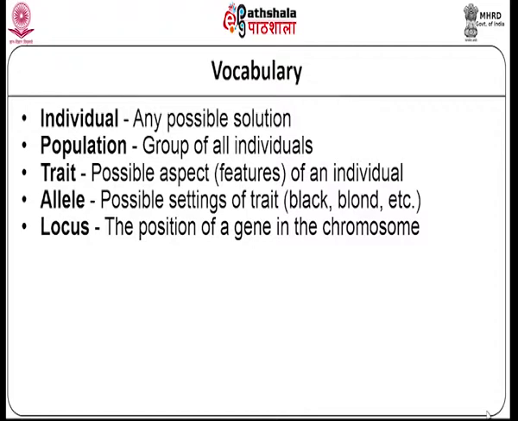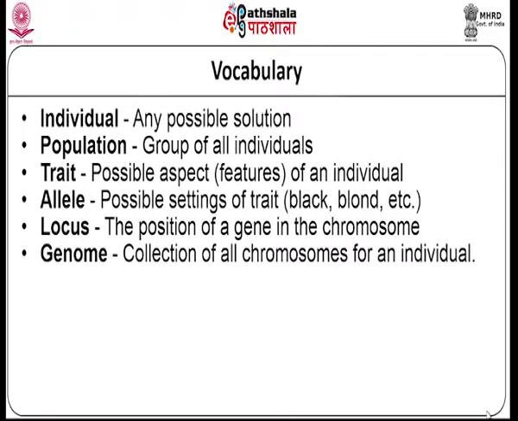A locus is the position of a gene in a chromosome. We will come to that later. A genome is a collection of chromosomes for an individual. So, an individual is represented as a genome, or a collection of chromosomes, and the position of a gene in a chromosome is called the locus.